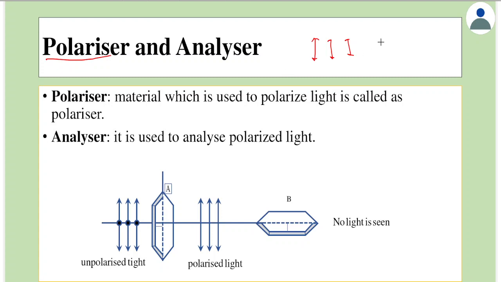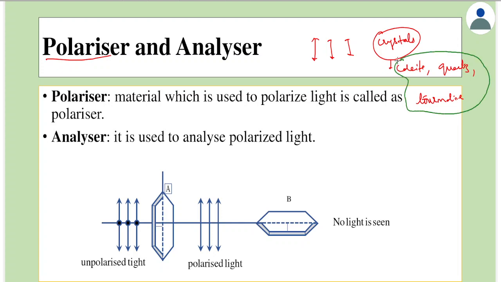One is by using some crystals which occur naturally, like calcite crystal, quartz crystal, or tourmaline crystal. So by using these crystals, we can confine the vibrations to a given direction, or in simple language, by using these crystals, they can polarize light.